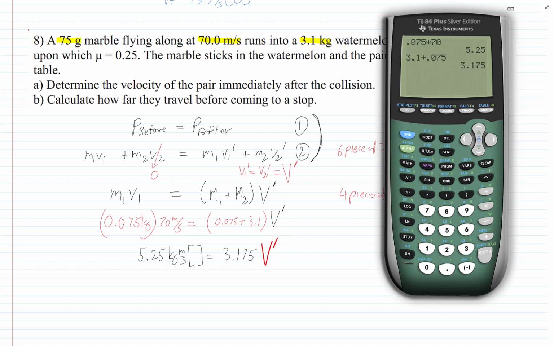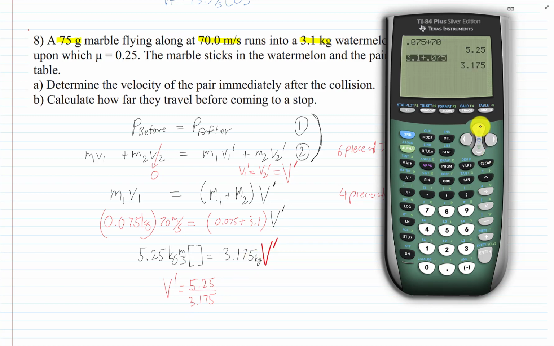That's going to be kilograms. So to get V prime, we're going to take the 5.25 and divide it by the 3.175.